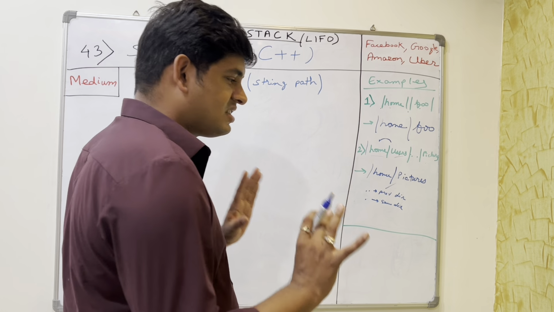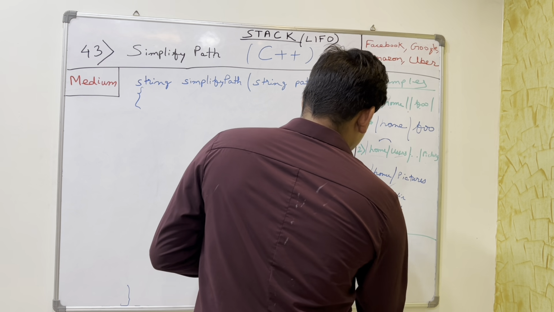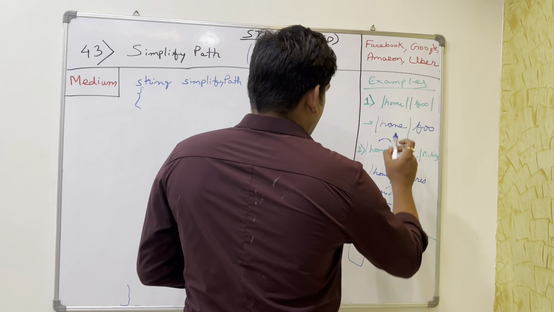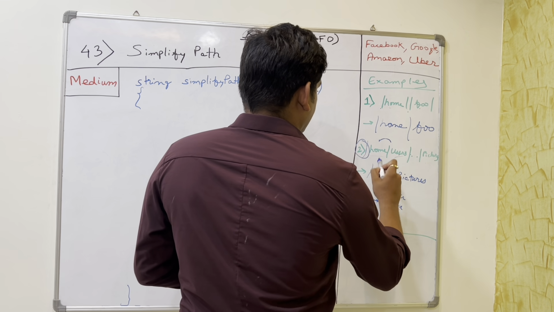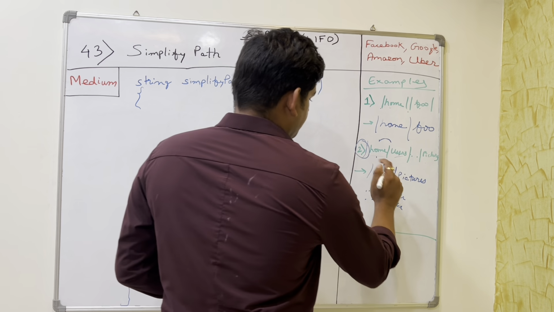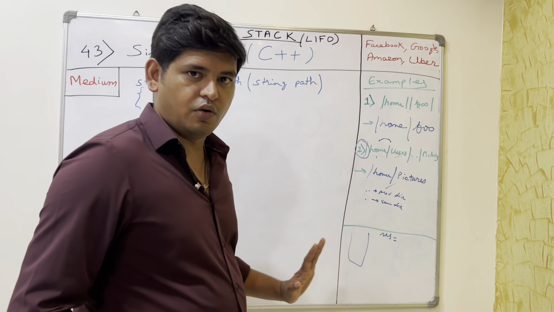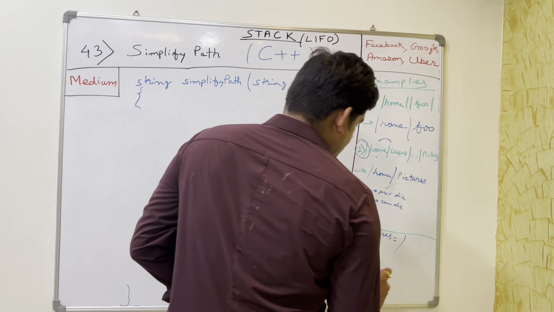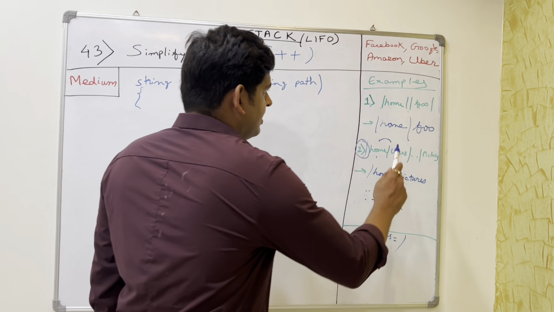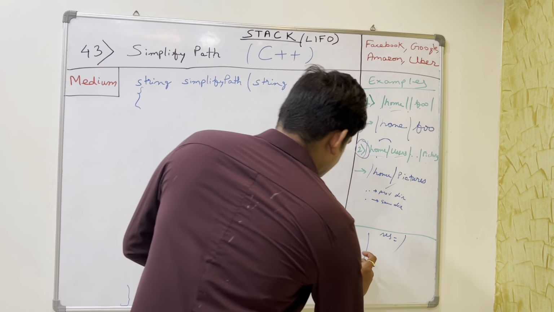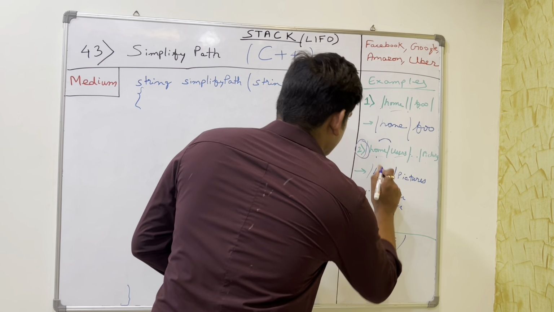So if I take a stack, and say for the second example, we have the result as a string which we will return. It will always start with a slash. Now when we see a directory, we enter it inside the stack. So this is home.